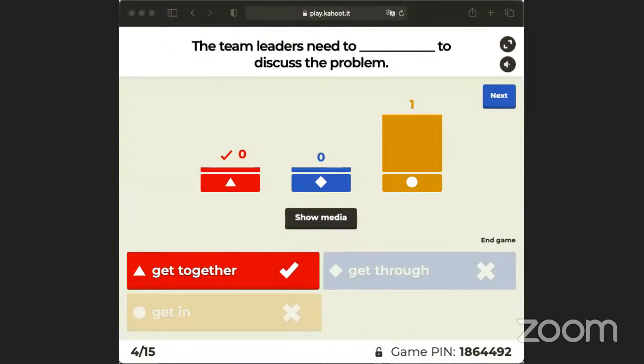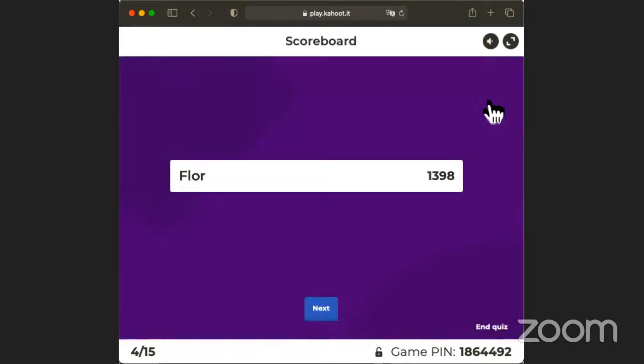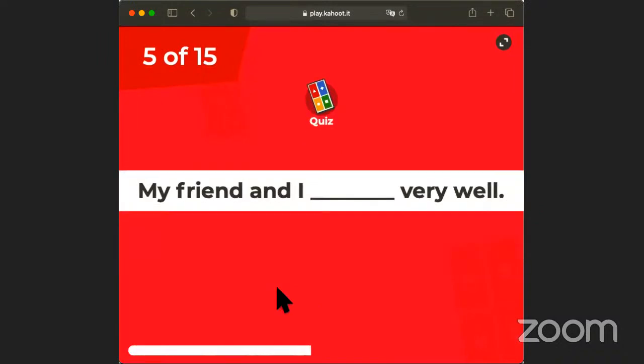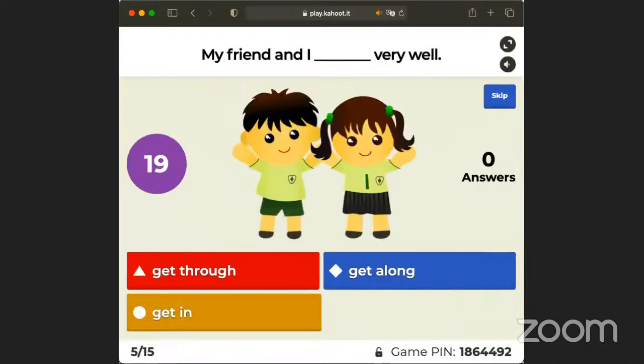The team leaders need to get together to discuss the problem. Excellent. Because they're talking about a team, they need to get together, like to have a meeting maybe. That's what it means, get together. Let's see, next one. My friend and I get through, get along, get in.